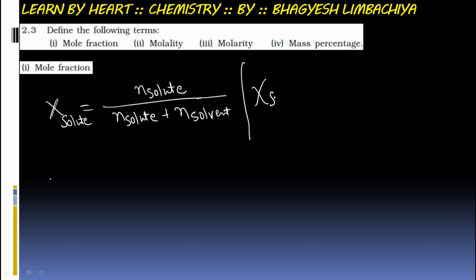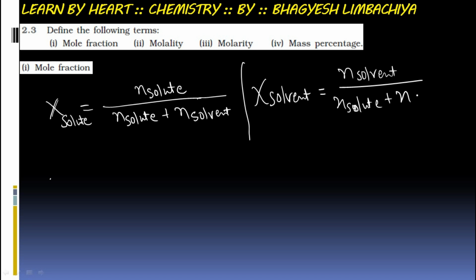Similarly, if we take the mole fraction of solvent, it will be n of solvent, and at the denominator we have to take n of solute and n of solvent.